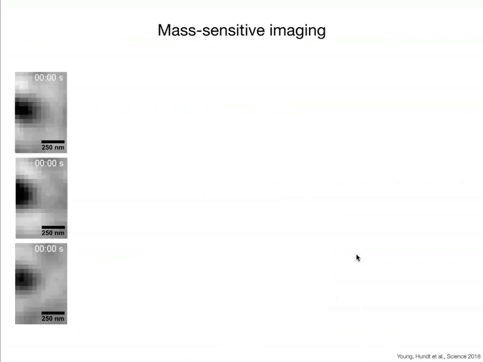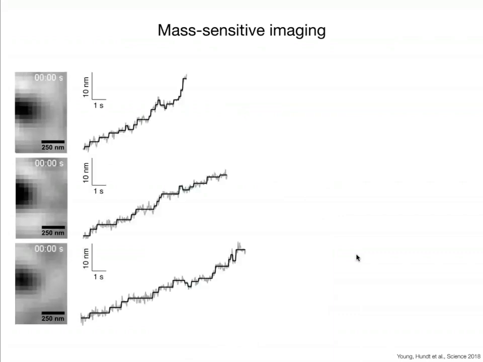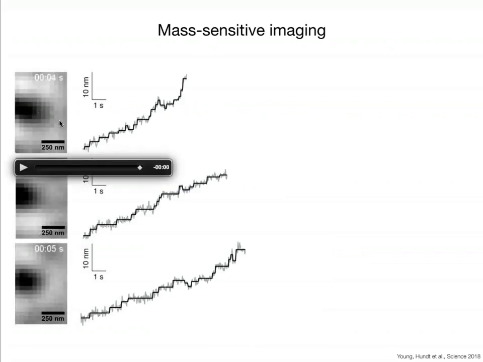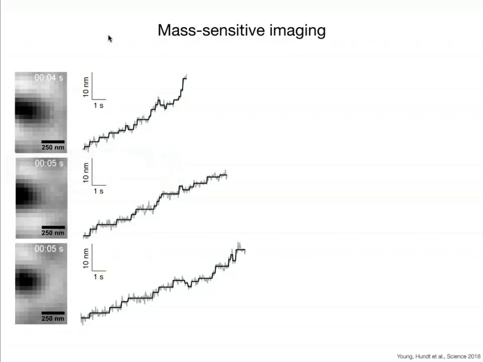And if I would now just track the filament tips as they grow and determine the displacement of these filament tips over time, I noticed that there are incremental changes in the length of the actin filament. And the step sizes of these would be approximately the size that you would expect for the attachment of individual subunits.